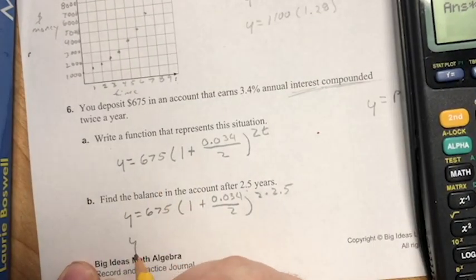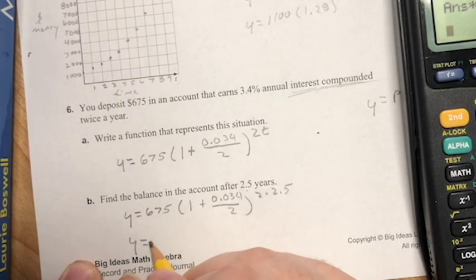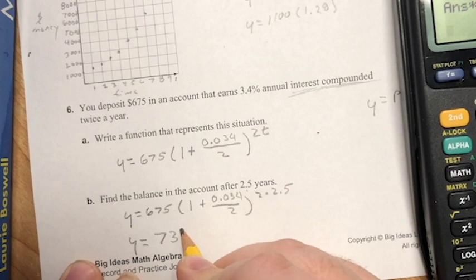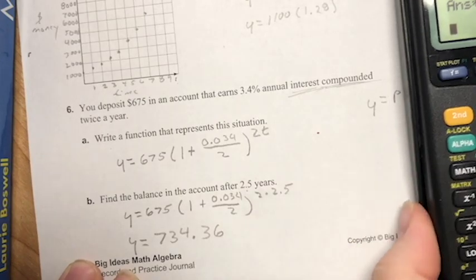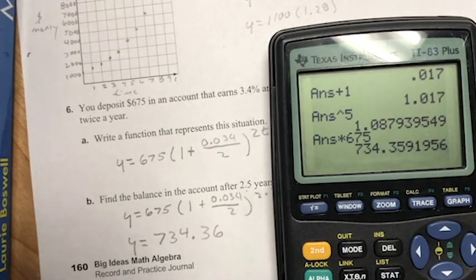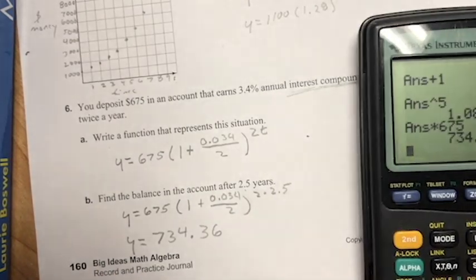So if I were to keep this amount of money in a bank, after 2.5 years, I would have $734.36, rounded to the nearest cent. So again, when you're trying to do this equation, remember your rules of PEMDAS. Work from the inside out.